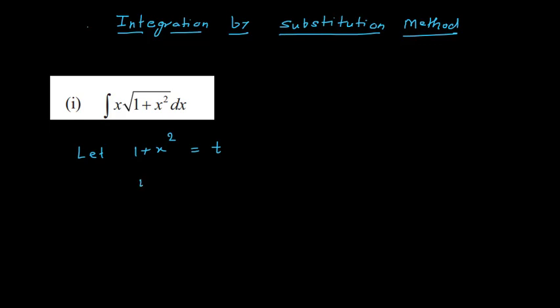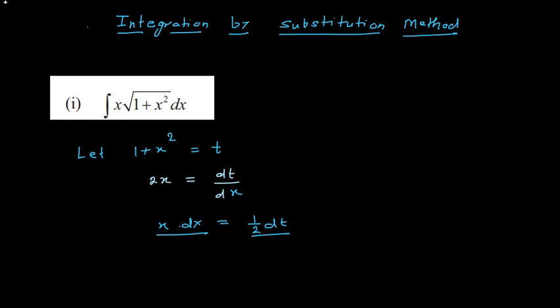The derivative of 1 becomes 0, so I get 0 plus 2x on one side and dt upon dx on the other. So 2x is dt upon dx. That means x into dx can be written as 1 upon 2 dt.